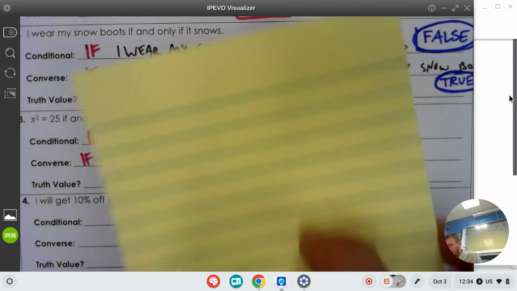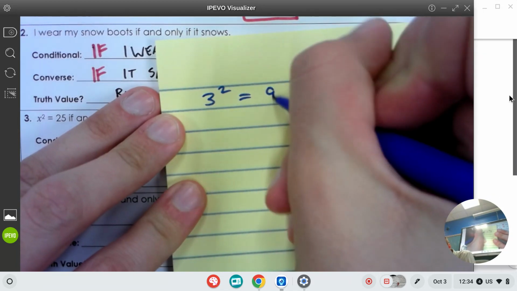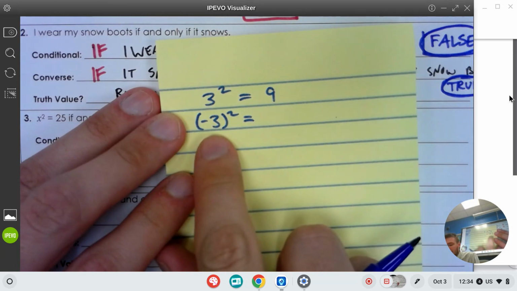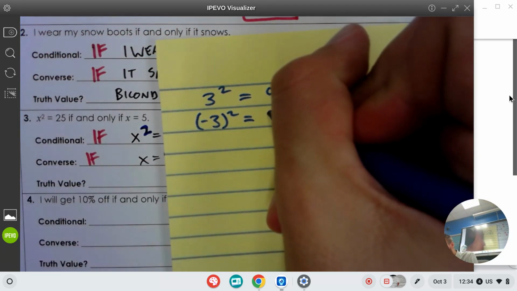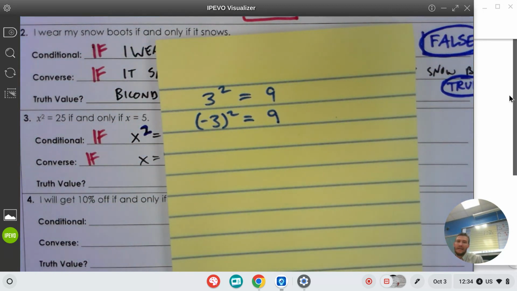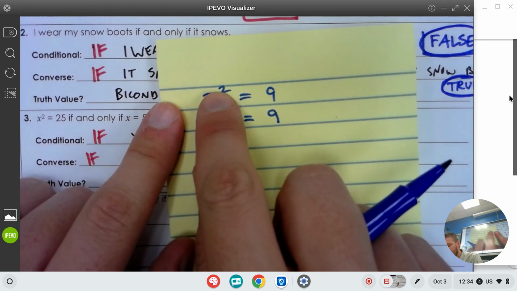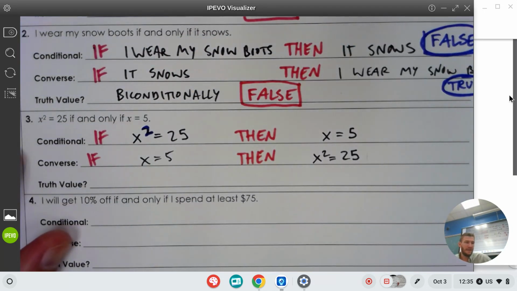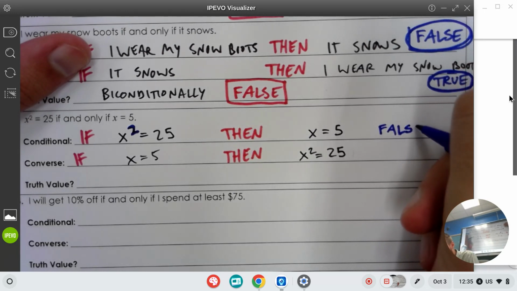I'm doing a little bit too much mental math, my bad. Two negatives make a positive. So if we know that x squared equals 9, we've got two options: 3 or negative 3. And so this is going to be a false statement.